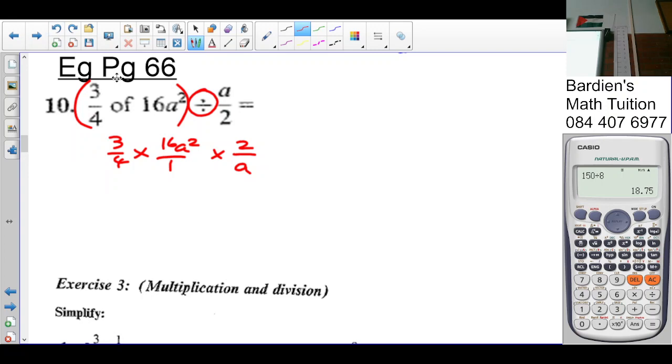So what can we do here? We can simplify. Not so. So if we simplify, what do we get? 4 goes into 4 once. 4 goes into 16, 4 times. So I got 3 times 4, which is 12, times a squared, 12a squared, times 2, 24a squared, and that is over 1 times 1 times a.